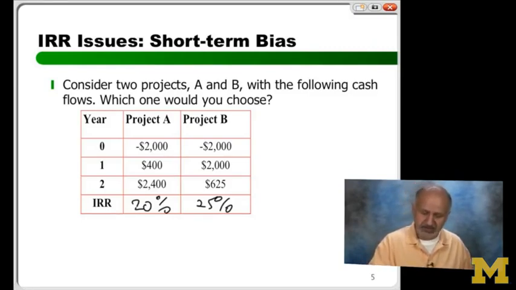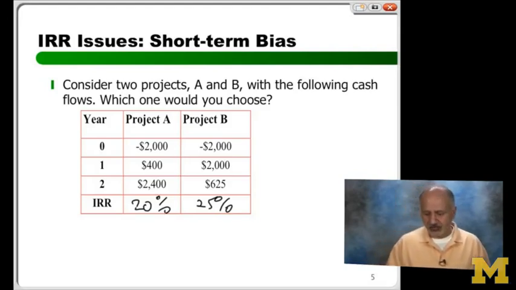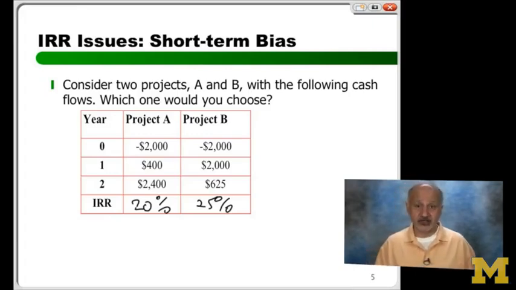So at 20%, NPV is 0. At 25%, NPV is 0. But now the question I'm asking you is, which of these two projects do you think most people would choose? They'd choose project B. And the answer to this is, even though you choose project B, it may not be the right choice. And why do we call it a short-term bias?